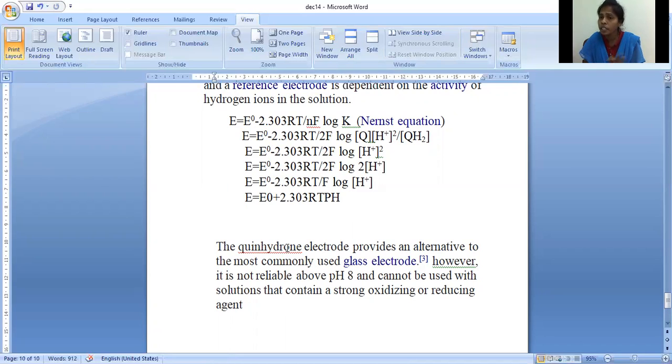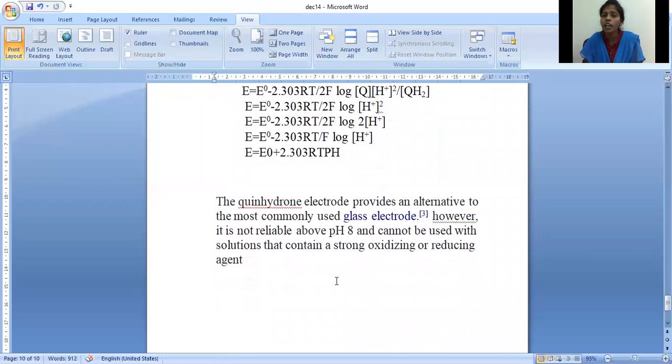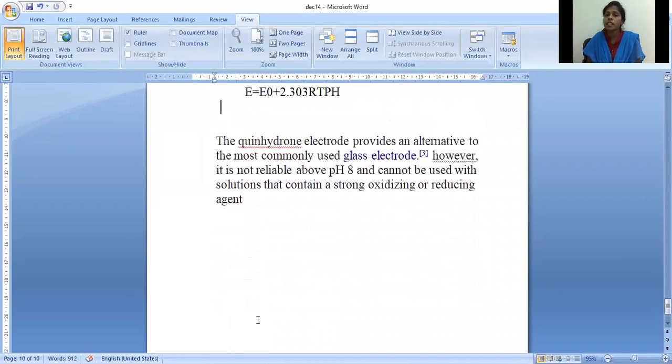But after pH 8, we can't find it exactly, and it cannot be used with a solution that contains a strong oxidizing or reducing agent. That means if you have strong oxidizing agents or strong reducing agents, we can't find the electrode potential value by using the quinhydrone electrode.